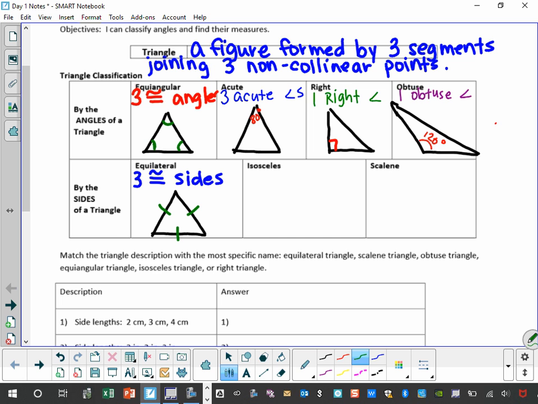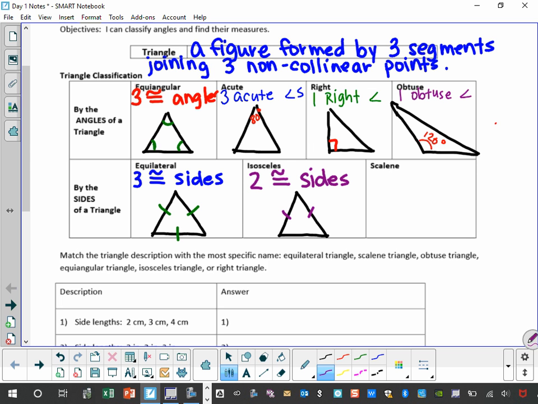All right, isosceles. We have an isosceles triangle. Everyone say isosceles. That means you have 2 congruent sides. So let's draw a triangle. If I have 2 congruent sides, I have 2 hash marks.